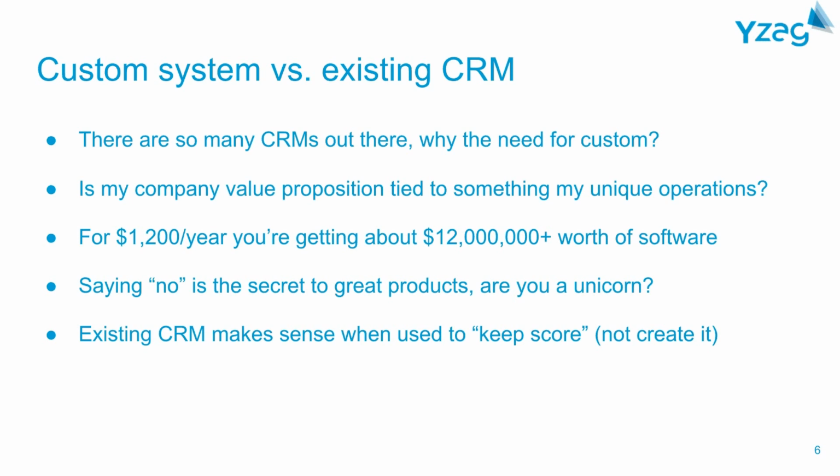So if you look at the second question, is my company's value proposition tied to something unique in my operations? For Uber the answer is, of course, yes. And therefore their software is used by no means to keep score, but to create the score. On the other hand, if I'm a taxi company and I take my cab requests on the street, by phone, or online, there are certainly software systems built specifically for those taxi companies that allow them to function.